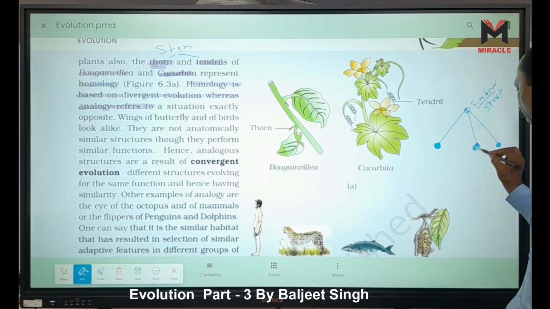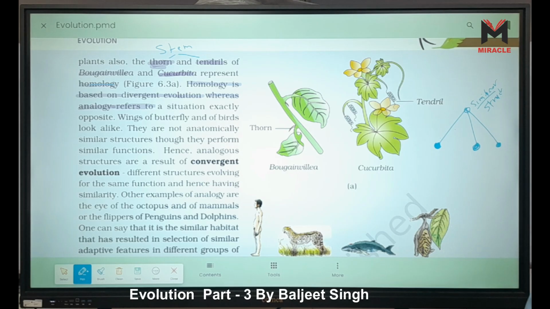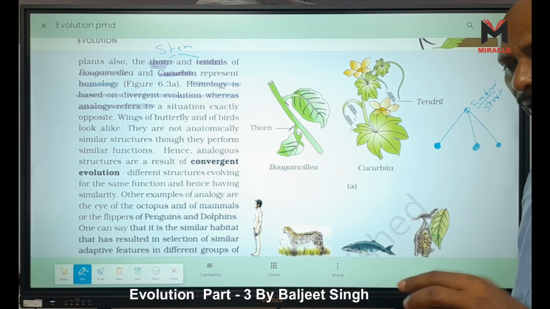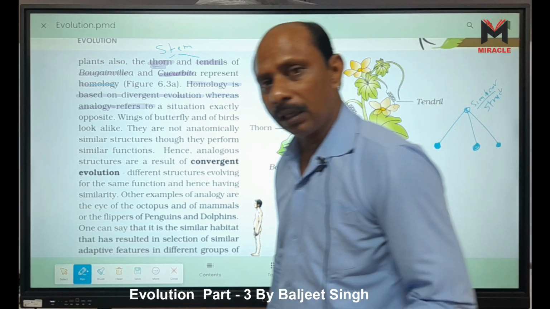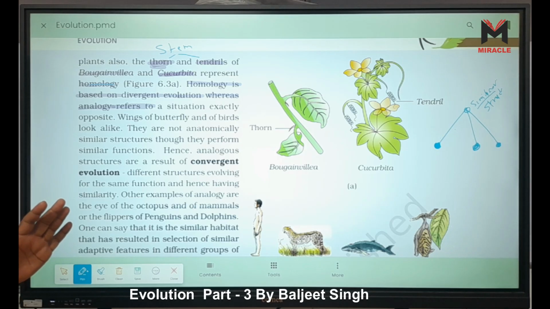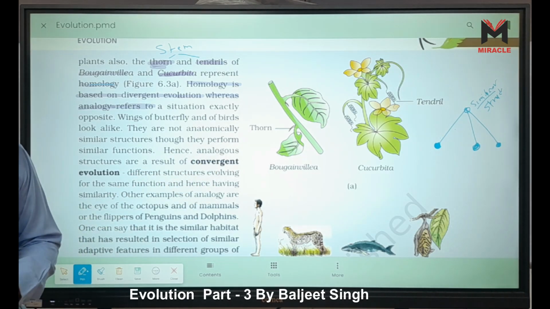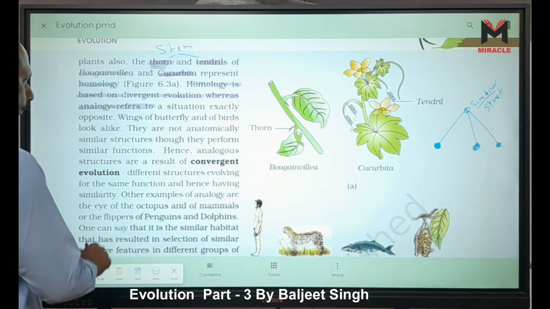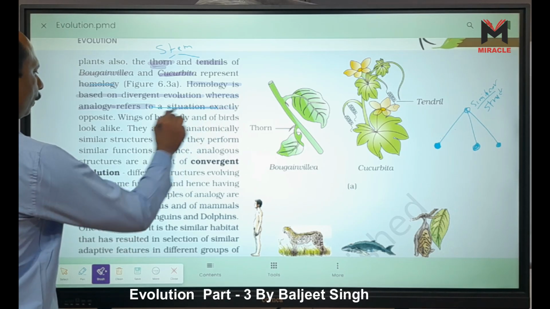Homology means similar or same ancestry, and analogy means different ancestry. Anatomically they are different, but functionally they are the same. It refers to a situation exactly opposite.